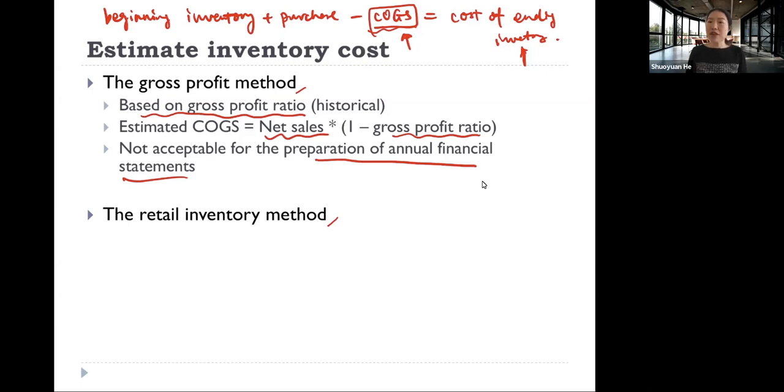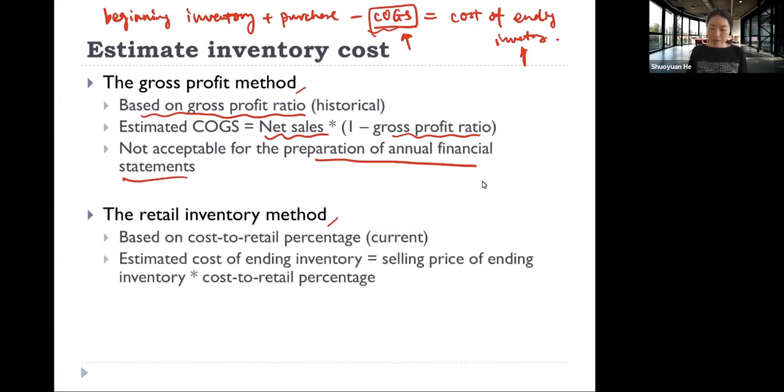And the retail inventory method, instead of being based on the gross profit ratio, the firm calculates something called the cost to retail percentage. Then the firm estimates the cost of the ending inventory, based on the selling price of the ending inventory multiplied by the cost to retail percentage.